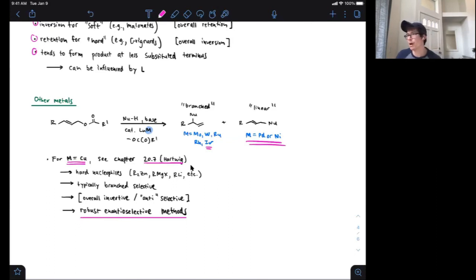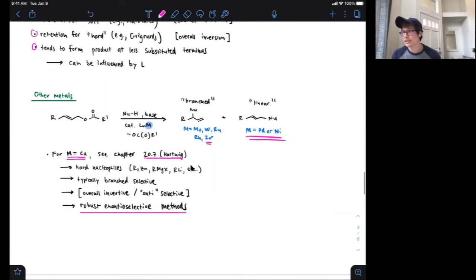What differentiates copper from these other metals mentioned is that it typically works best with hard nucleophiles, your organozincs, your Grignards, your organolithiums, typically is branch selective, and then overall invertive, as we've seen for the hard nucleophile theme.